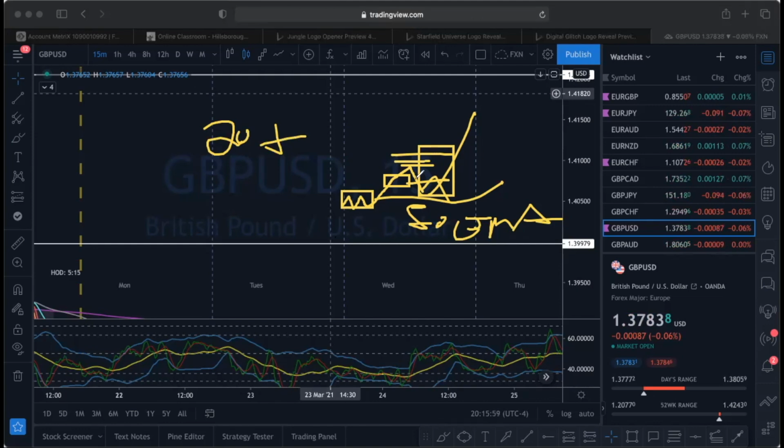Right. And you notice that during London session, you made a straight move up in this case. And then you made a small retracement, and from 7 to 8 o'clock is the prime time to do it.